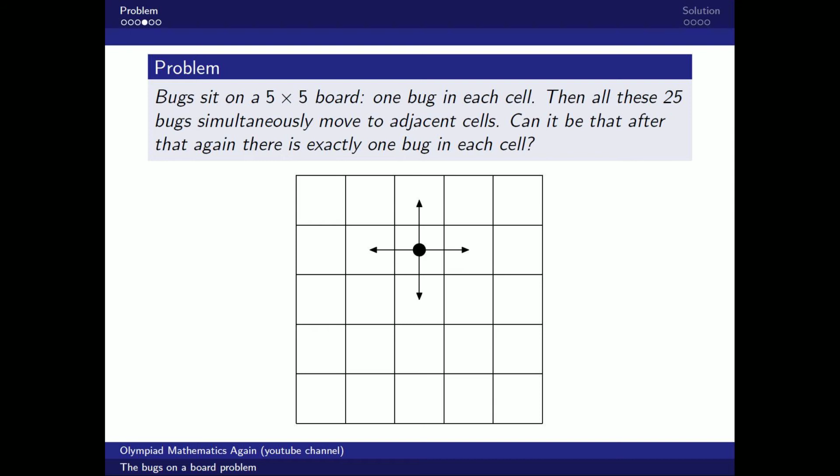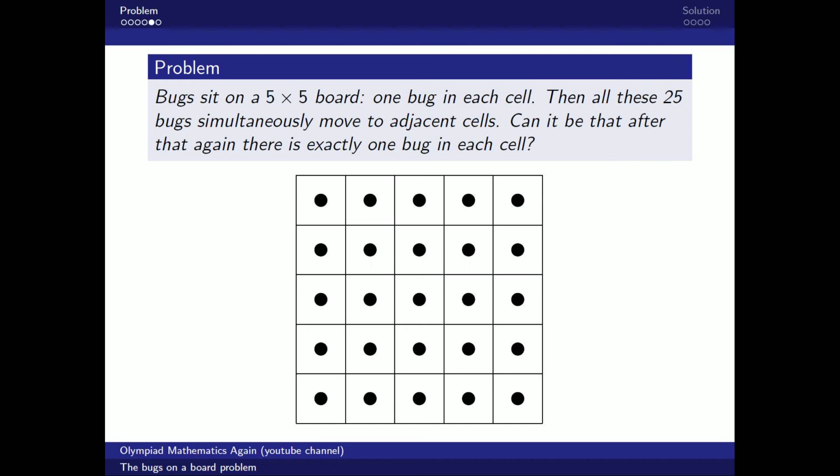Then the question is, after all of these 25 bugs move to adjacent cells, can it be that we again have basically the same distribution of bugs? So each cell again contains exactly one bug, so there are no empty cells and no cells with more than one bug in it.